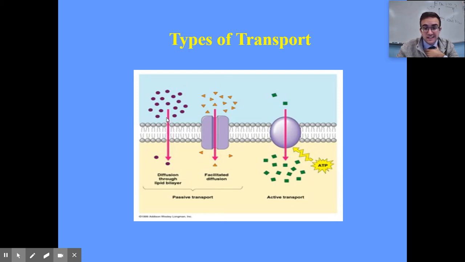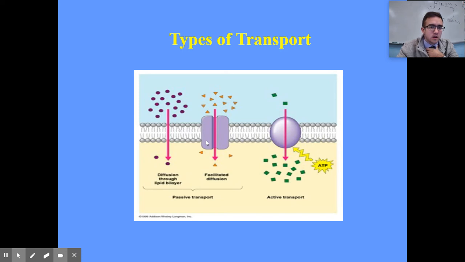So things can diffuse right through the phospholipid bilayer. That's simple diffusion. Facilitated diffusion is when we get larger molecules, they have to go through one of these channel or transport proteins. It's still the same process, just how they do it is a little bit different.